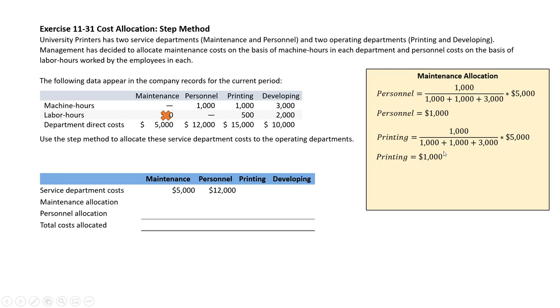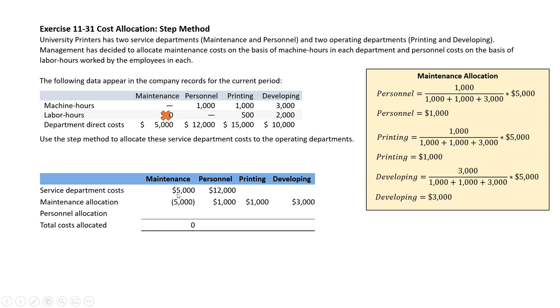I can also work it out through my equation here. Again, 3,000 divided by 5,000 total hours, so that would be 3/5 times the $5,000, which is $3,000, allocated to developing. It is only a coincidence that the dollars agree with the number of hours, just because of the relative amounts. That won't always work out that way, so I want to point that out.